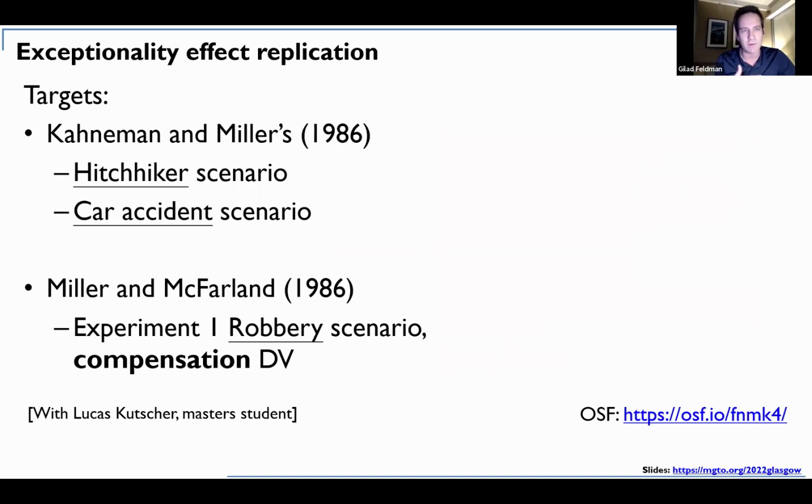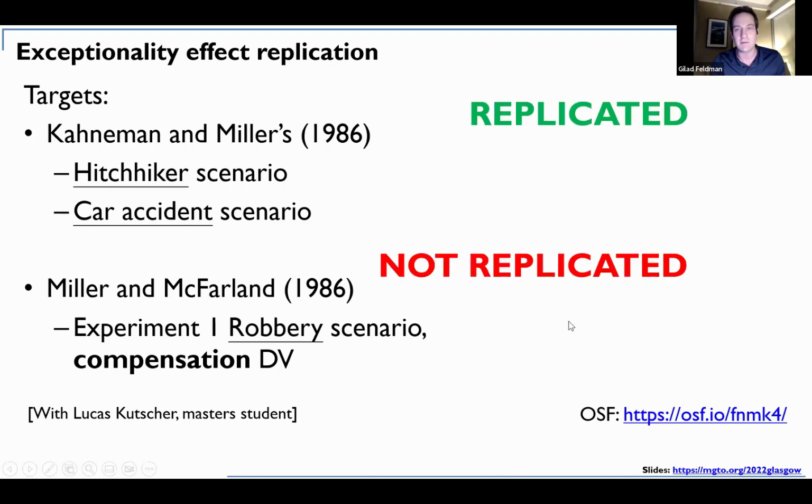So going back to the first replication that I ever ran, a pre-registered replication and extension, the result was this. The result was that the first one, using the regret DV, according to the norm theory, actually replicated successfully. But the one where we used, in the robbery scenario, we used the compensation DV, did not replicate.